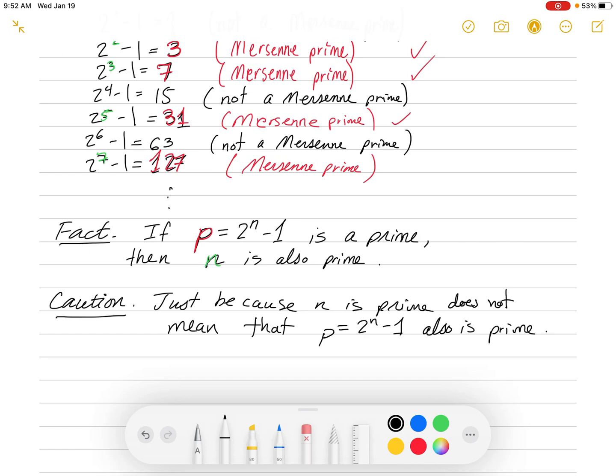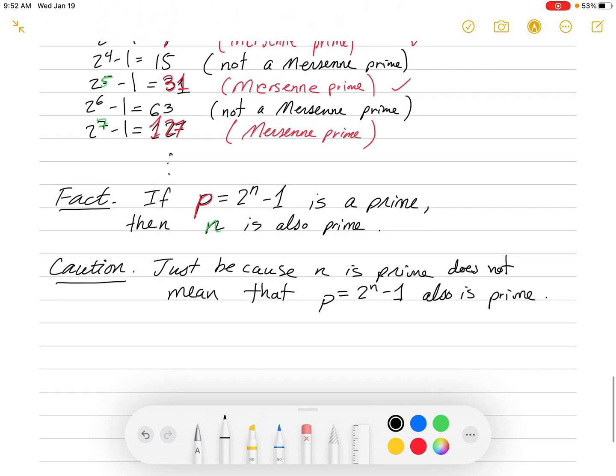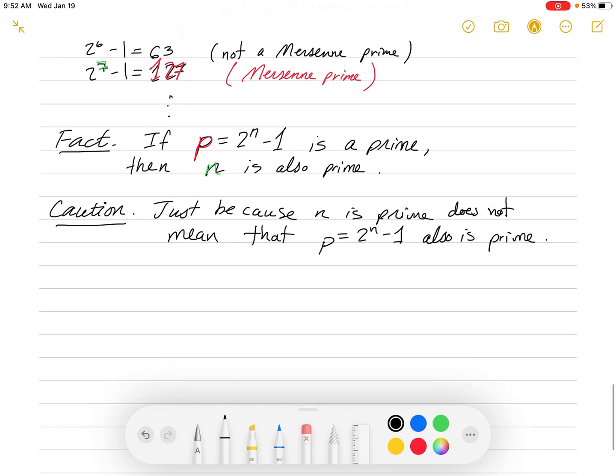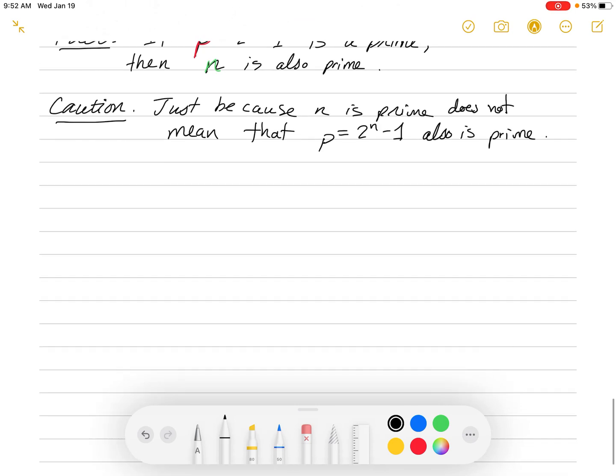Sometimes you can find instances where n, the exponent, is prime, but the number P itself is not prime. These are called Mersenne primes, and they're an interesting place to look for more prime numbers if you want to find a new prime number that you're not familiar with. Some people look in that direction for new prime numbers, 2 to the n minus 1.